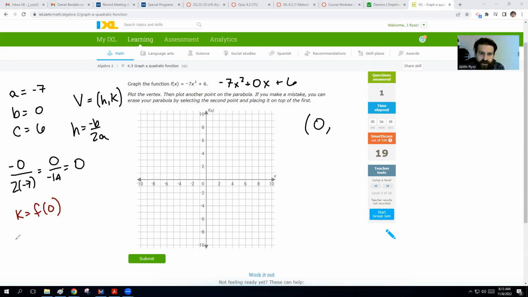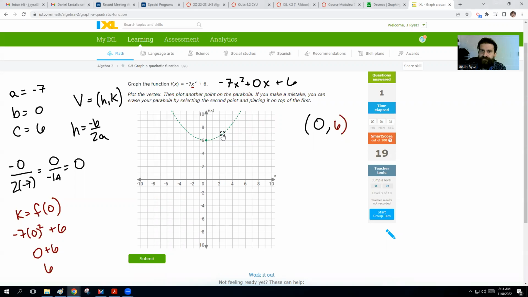So what's f of 0? Well, that's negative 7 times 0 squared plus 6. We're just replacing our x with 0. 0 squared is 0, 0 times negative 7 is 0, we add 6 to 0, and that's 6. So the vertex is at (0, 6). Over 0, up 6.